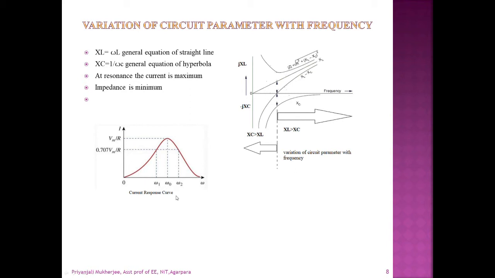And this curve is asymptotic in nature, and at frequencies lower than the resonating frequency the circuit behaves like a capacitive circuit, and at any frequency higher than the resonating frequency it behaves like an inductive circuit.